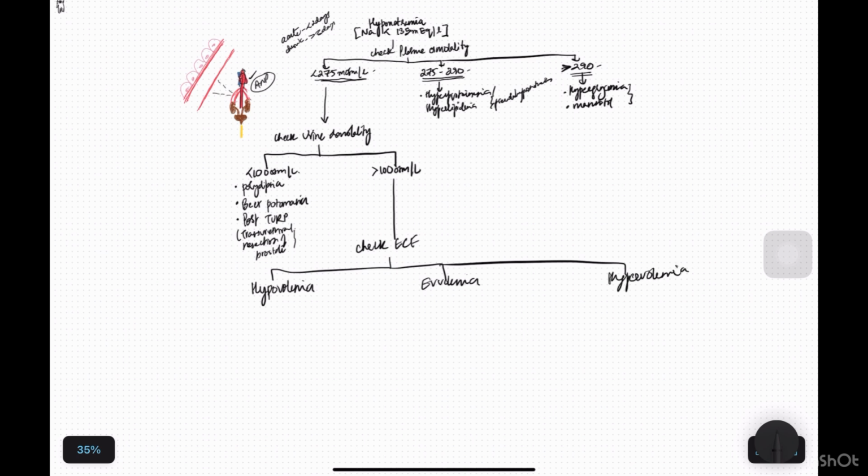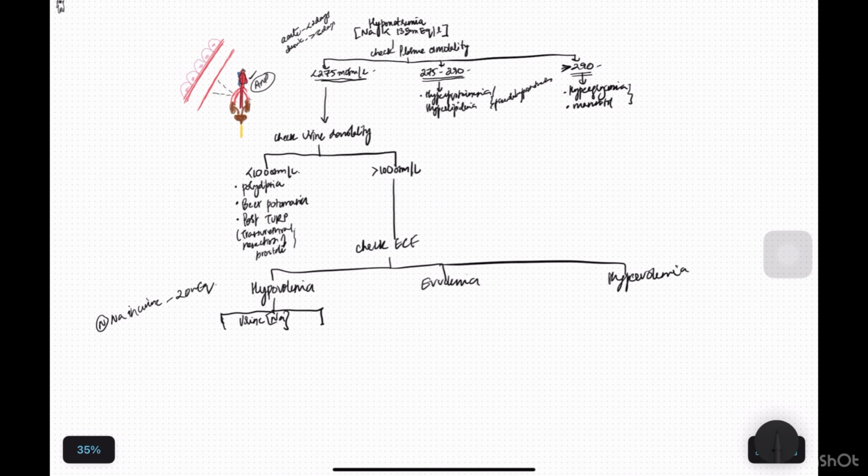Now, what you want to do here, in the case of hypovolemia, is see how much sodium is being excreted in the urine. Because the normal amount of sodium excreted in the urine is about 20 milliequivalents.